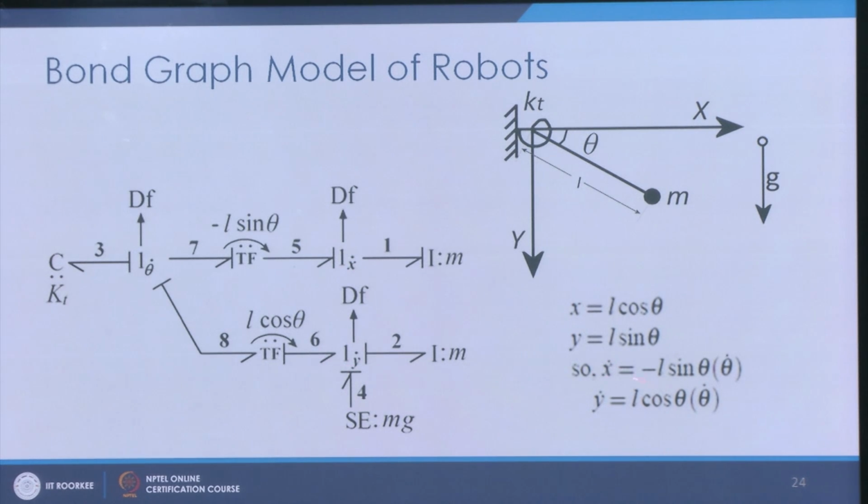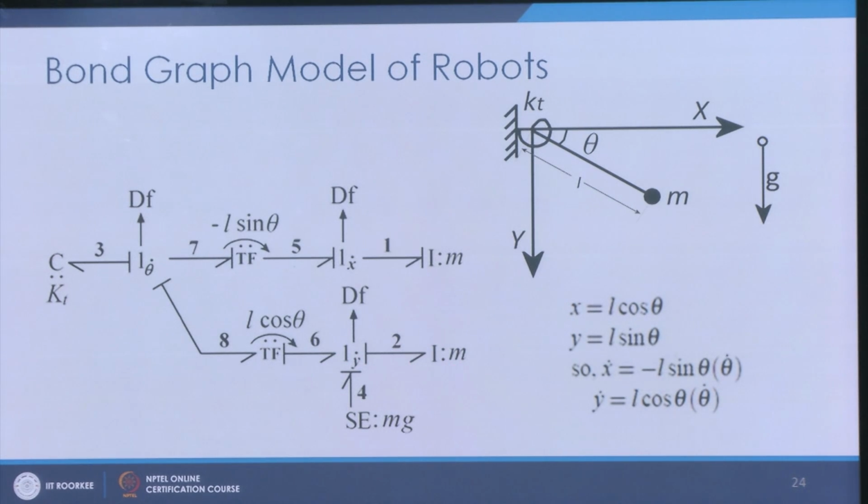This x dot velocity is related by minus L sin theta into theta dot. So, here is the theta dot, and I use a transformer with modulus minus L sin theta. So, here I get this velocity x dot, and I attach a mass at this port. Likewise, using L cos theta as the transformer modulus, I can get the velocity of the y dot port.